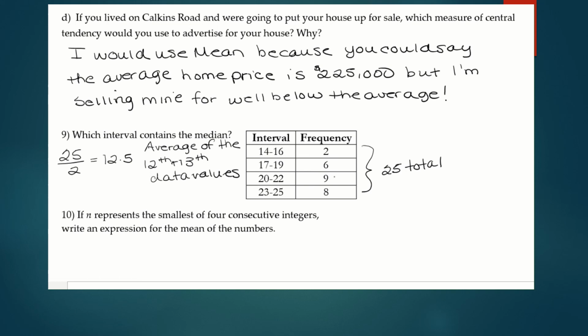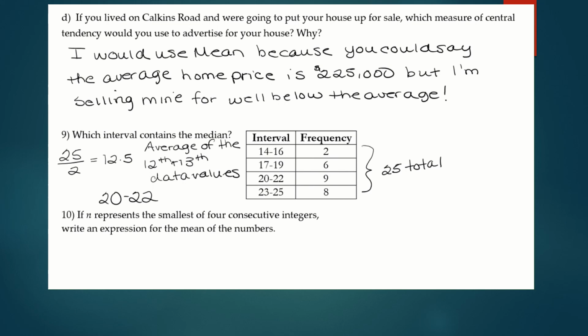That means somewhere within this 20 to 22 interval are the 12th and 13th data values. So our median falls within the interval of 20 to 22.